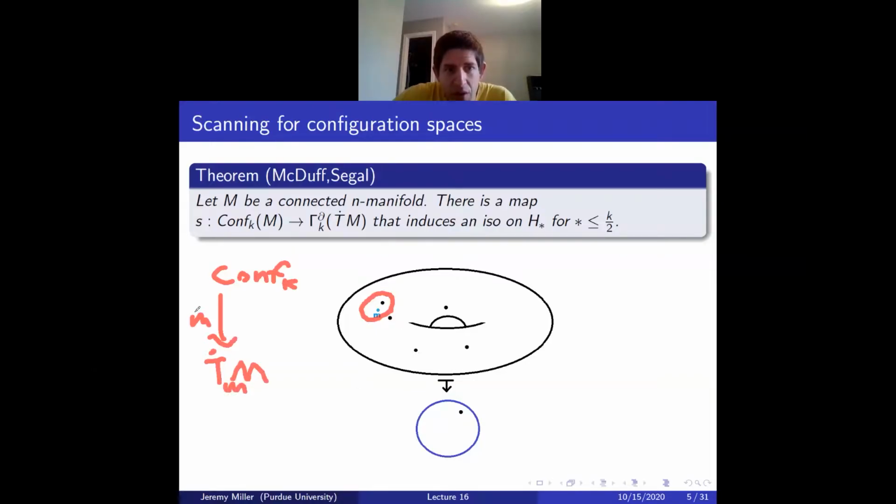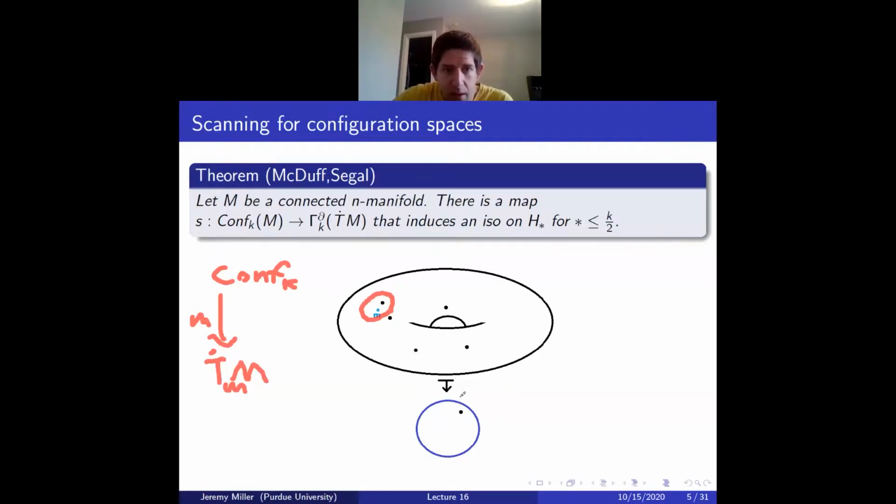And what you do is you look at your point m, look at a small disk, and then you make the disk small enough so you see at most one point or zero points. If you see one point, well, that's a point in a disk. If you see zero points, that's like the point at infinity. And you identify the disk with R^n.